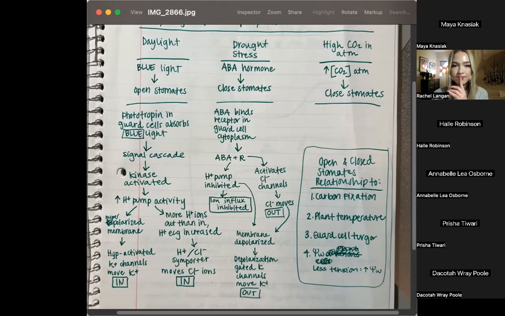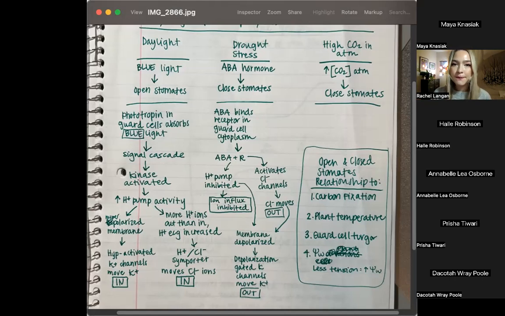I know that ion flux in and out causes water flux in and out. My question is, when the water flux is out of the guard cells, where does it go? It goes out into the apoplast, out to the extracellular space.